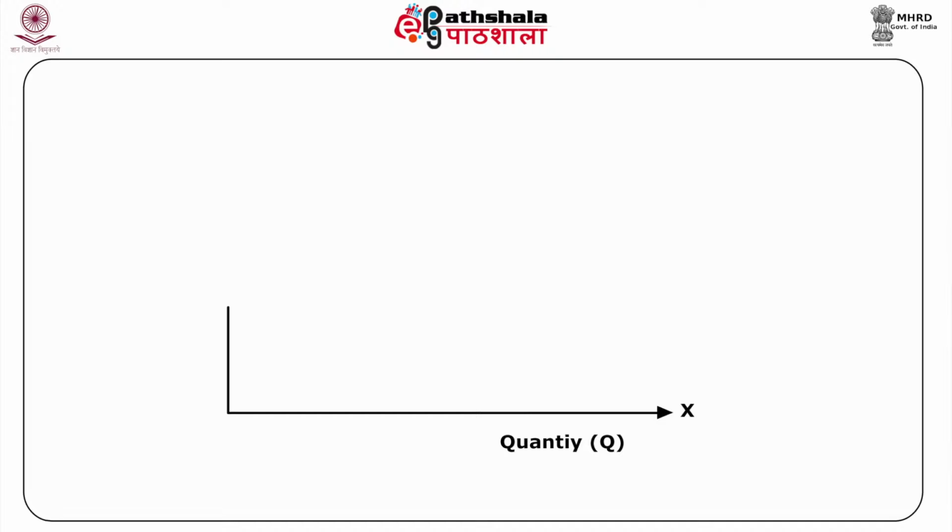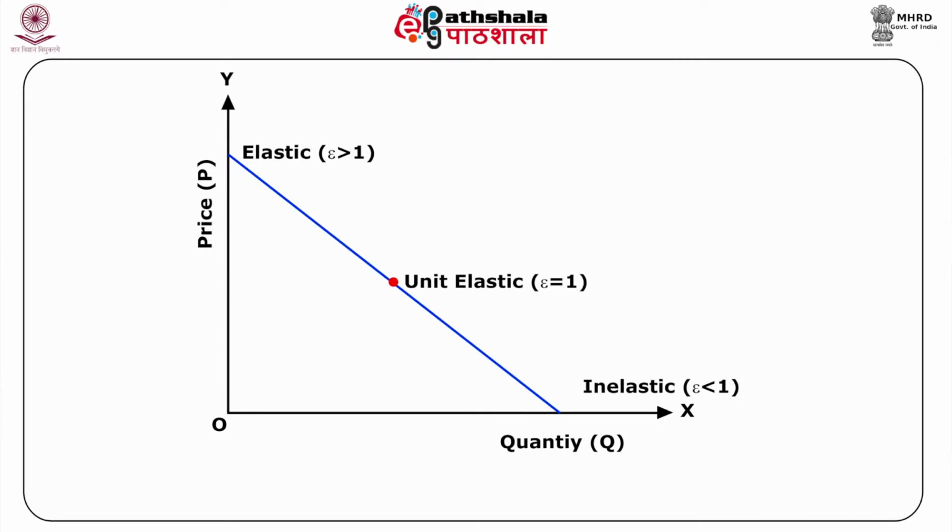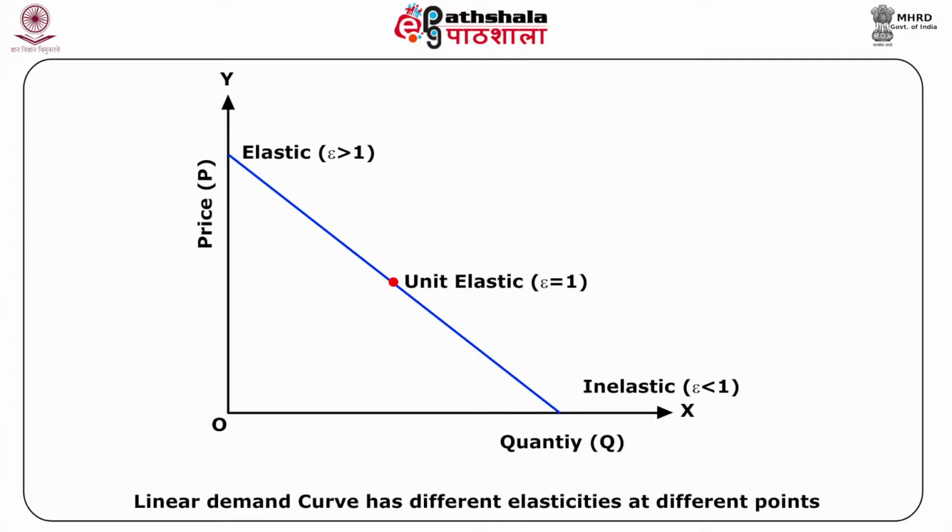From the formula above, you can observe that price elasticity of demand depends on the inverse of the slope dp by dq of the demand curve, although the concepts of slope and elasticity are quite different. In particular, with a linear demand curve, elasticity changes as we move along the demand curve, as both p and q change, even though the slope of the curve is constant.